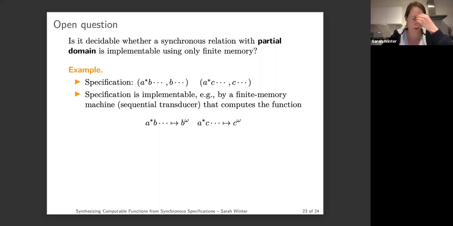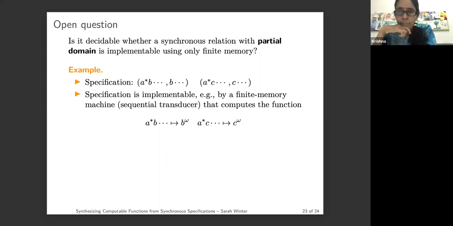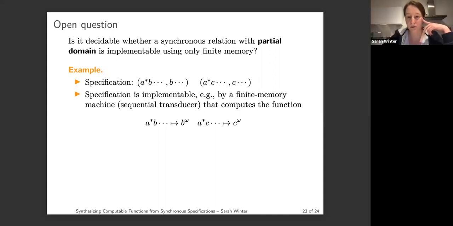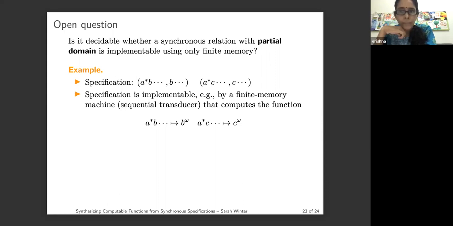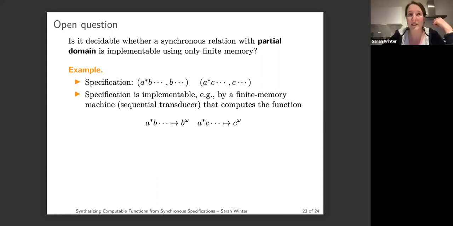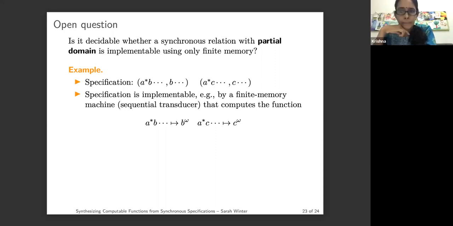Yeah, but the question was whether a function implemented by a two-way transducer is implementable by a one-way transducer. I think if we go to finite words, to relations of finite words, then this is decidable. I think it was some recent result, but I don't know if it's true in the infinite word setting. Okay.